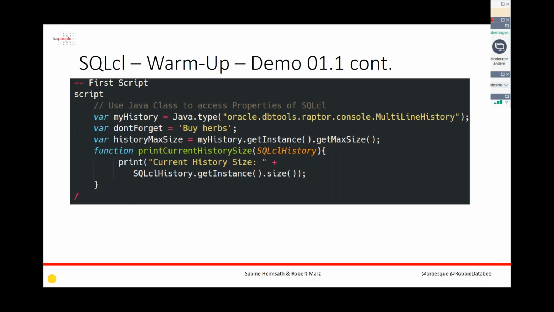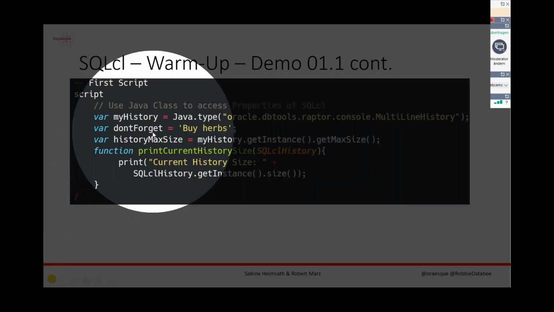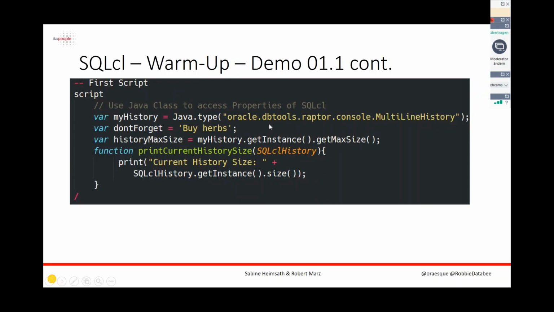And we also have a more complicated variable called myHistory. The Java type might look a bit surprising for people not used to it, but you have to remember we are in the Java virtual machine, so we have access to Java objects too. That is very helpful because the multi-line history is part of SQLcl, and we can access it. We will show you later what we can do with it.